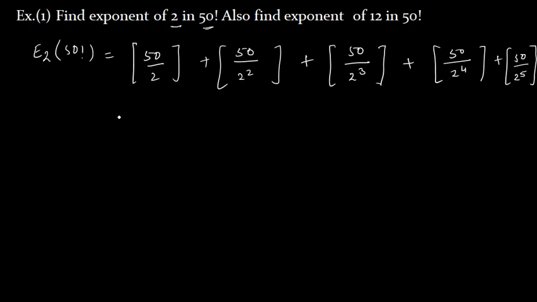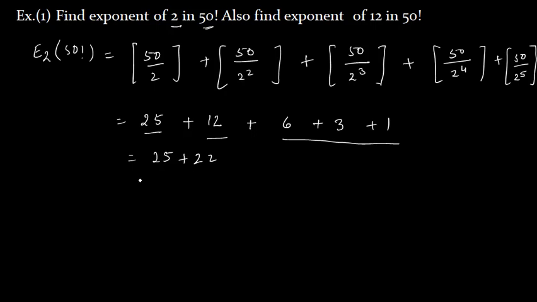Now 50 by 2 is 25. 50 by 4 is 12 point something, so again simply write 12. Then this is 6, 3, 1. Now add all of this. 1 plus 3 is 4, plus 6 is 10. 10 plus 12 is 22. 22 plus 25 is 47.